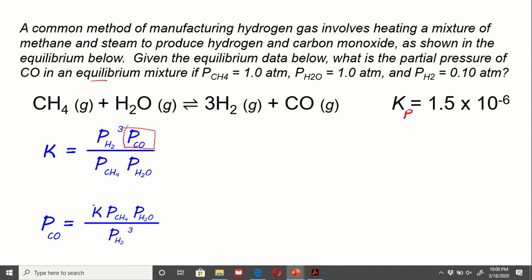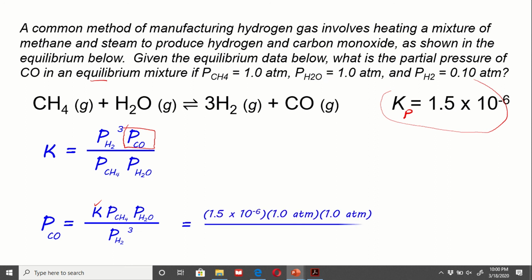You have the K value, which is this, and then you have all the partial pressures you require for your calculation. Once you solve the problem, you can find your answer in pressure units.